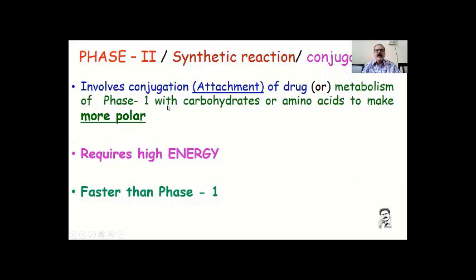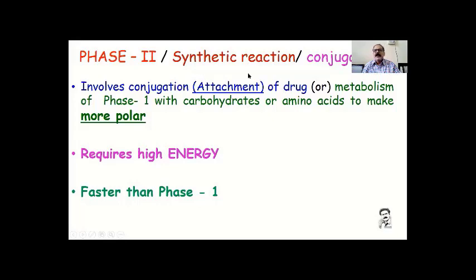Metabolism of phase 1 with carbohydrates or amino acids to make it polar. So when in phase 1 it is not dissolving in water, what will our body do? Our body will attach a molecule like a carbohydrate, because abundant carbohydrates and amino acids are present in the body. So these carbohydrates or amino acids will be attached to the drug. When it attaches, it is something like a passport.